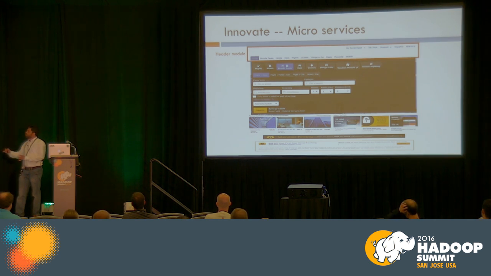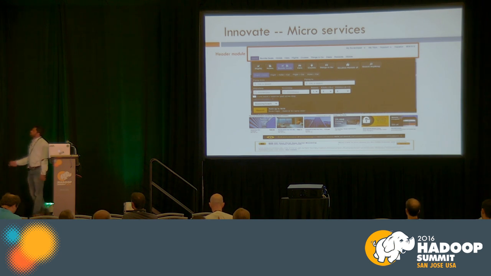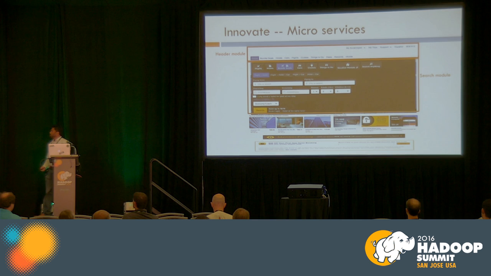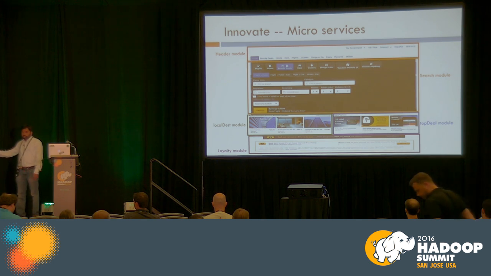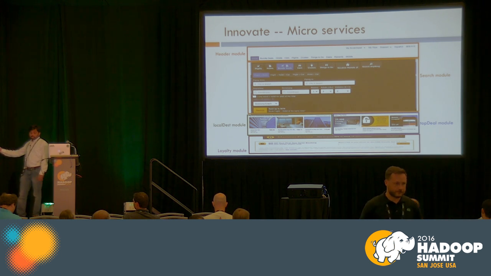You try to eliminate all dependency between different modules, and you just develop each module as a service, and that's how they interact, right? So there's a little header module there. There's a search module. Then the multiple modules. This is just, again, for demo sake, right? So that's one of the innovations.